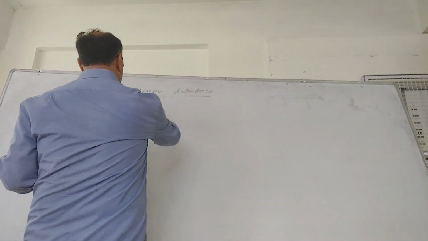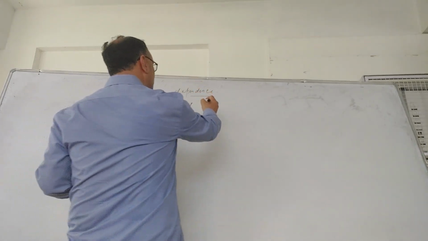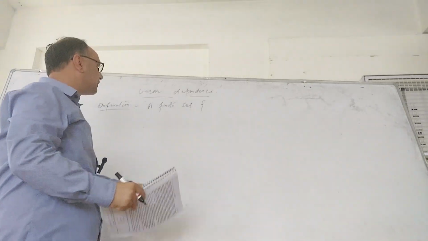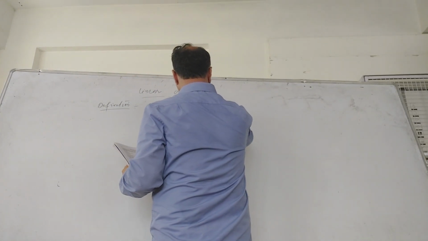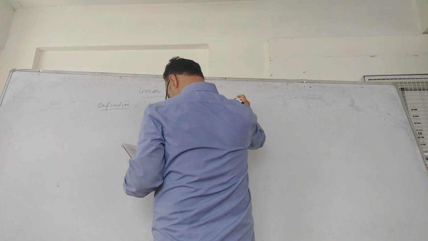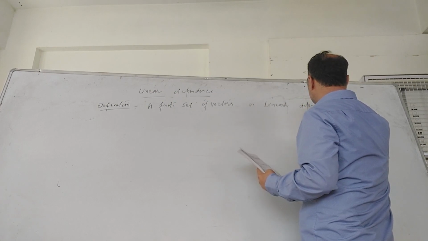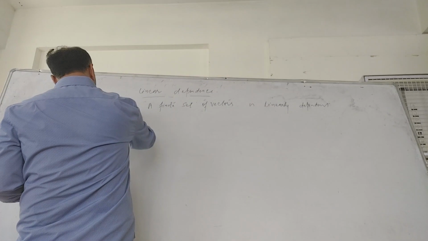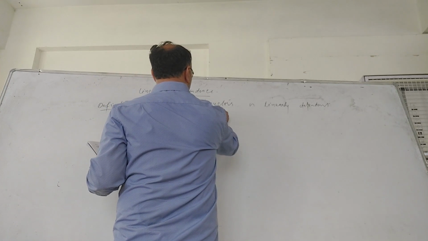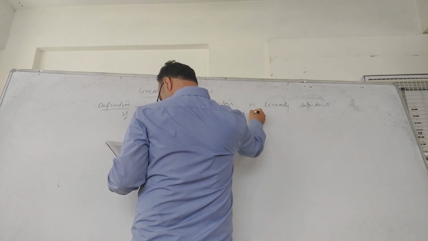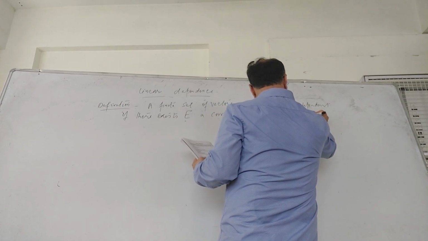As a definition: a finite set, since we are interested in finite vector spaces, or finite set of vectors, is linearly dependent if there exists a corresponding set of scalars, not all zero.